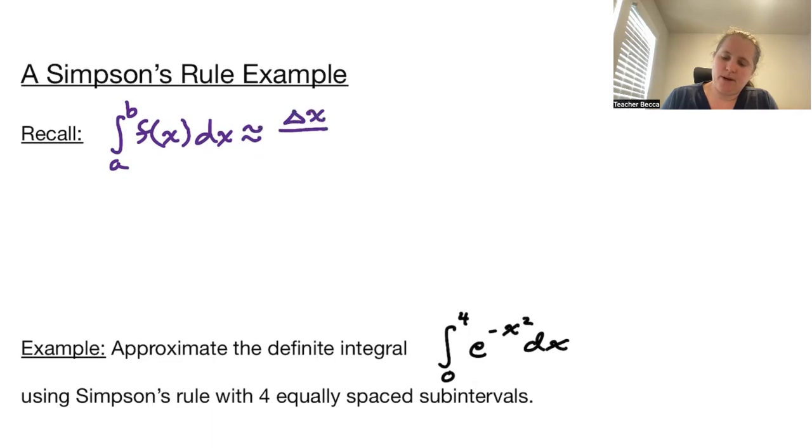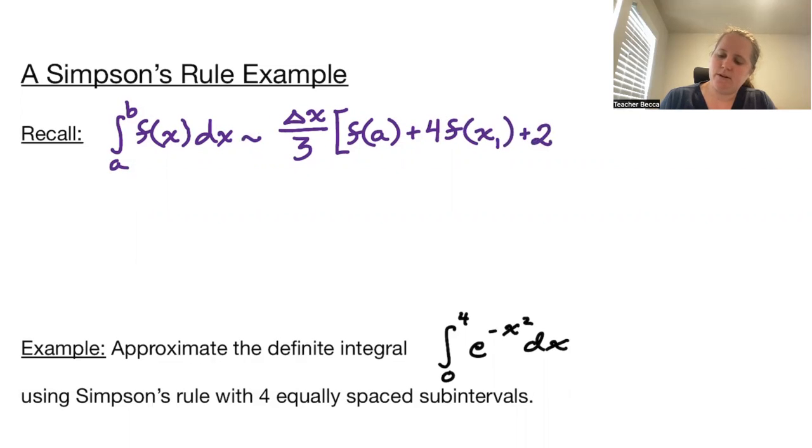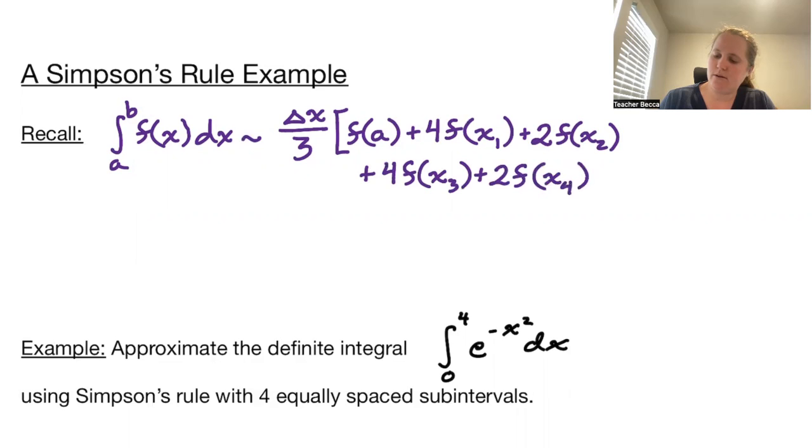delta x divided by 3 times f of a plus 4 times f of x1 plus 2 times f of x2 plus 4 f of x3 plus 2 f of x4 plus, and so on, 2 f of x n minus 2 plus 4 f of x n minus 1.